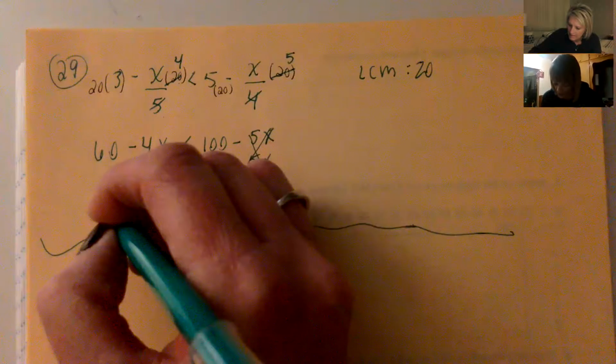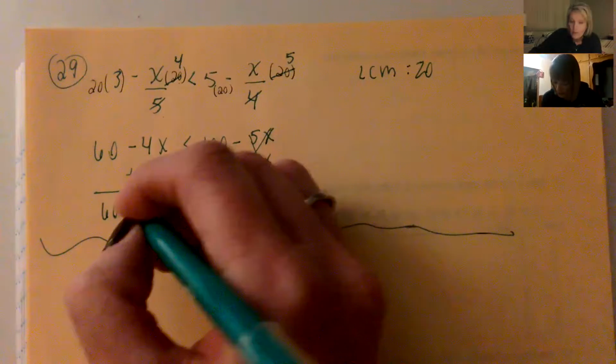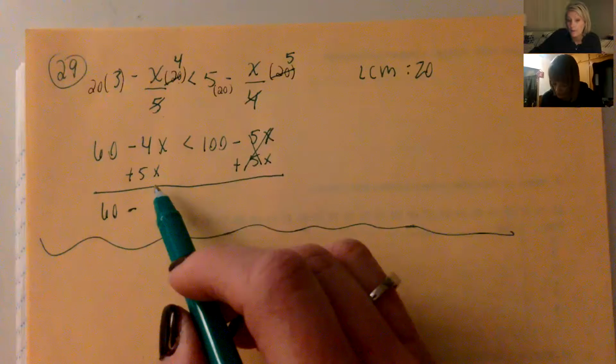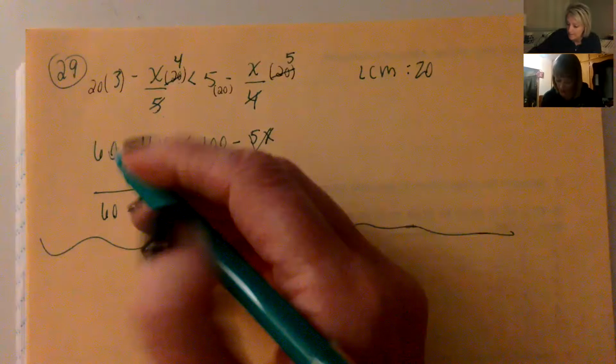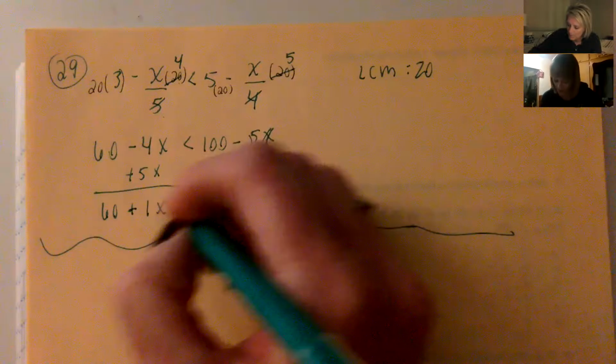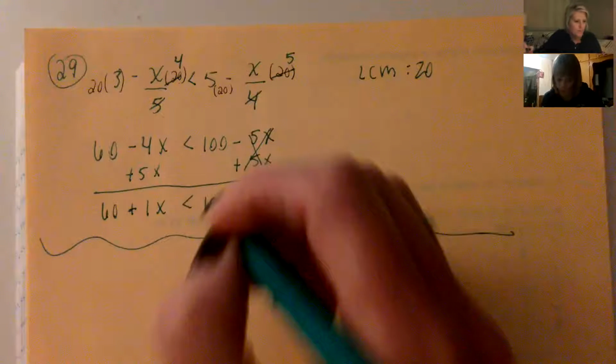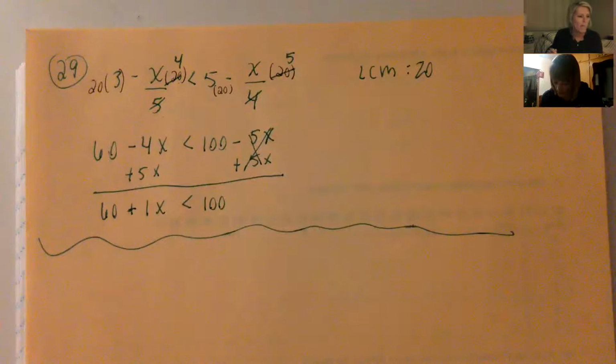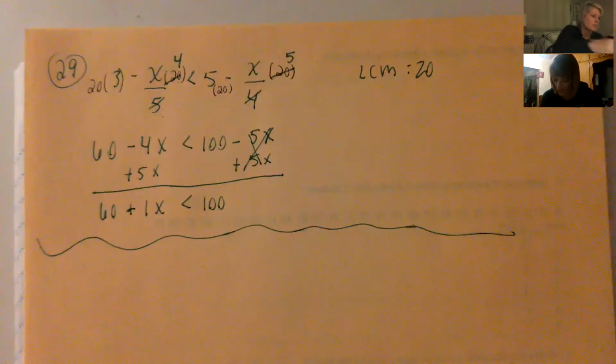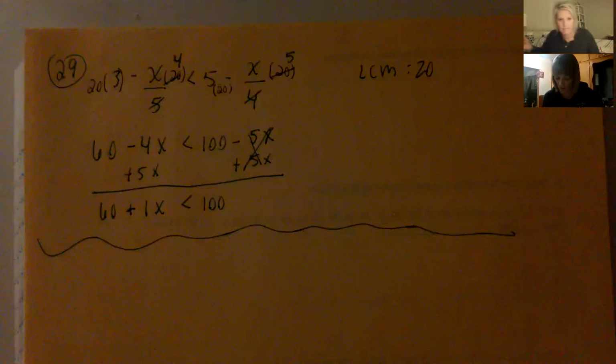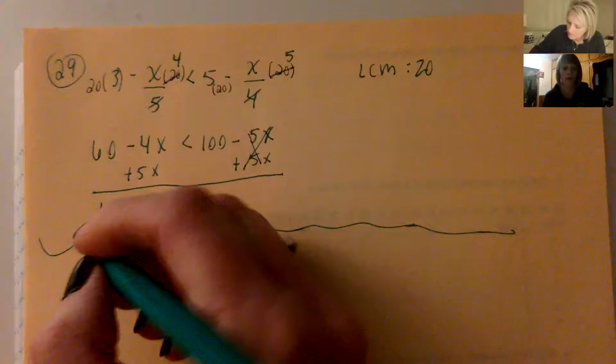So 60 plus 1x, I mislied, less than 100. And then this is where we subtract 60. And then it makes it 1x less than 40.